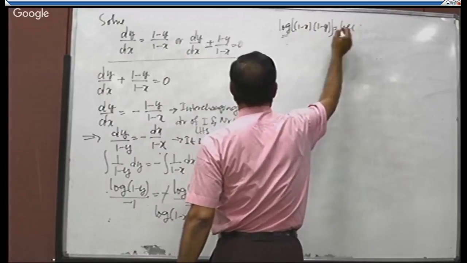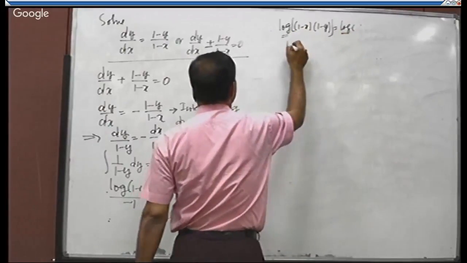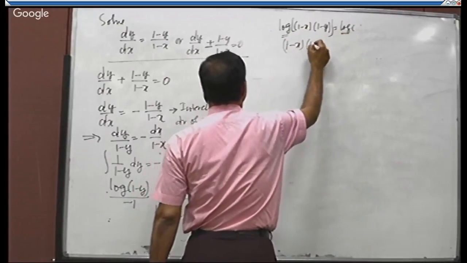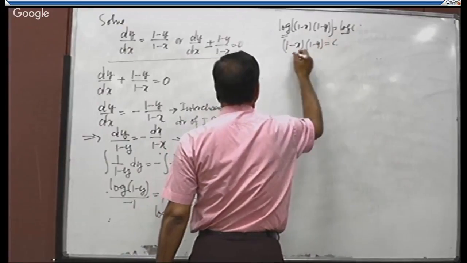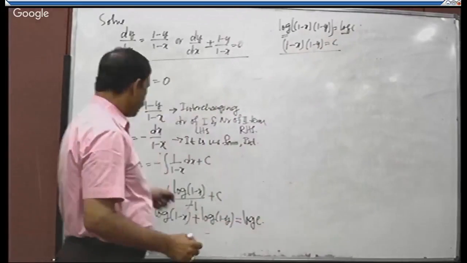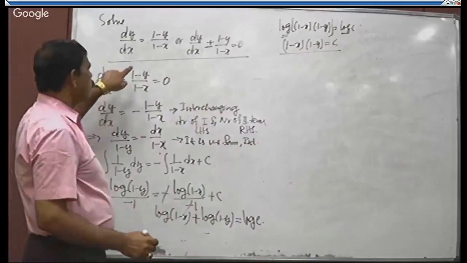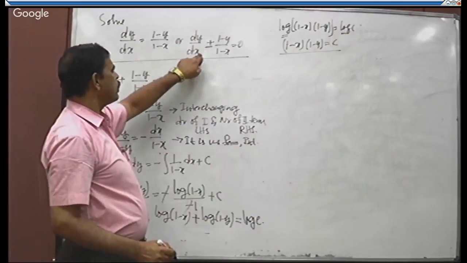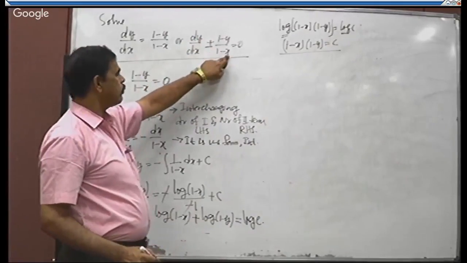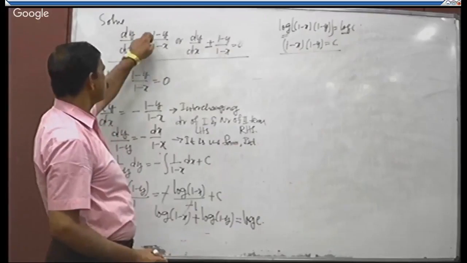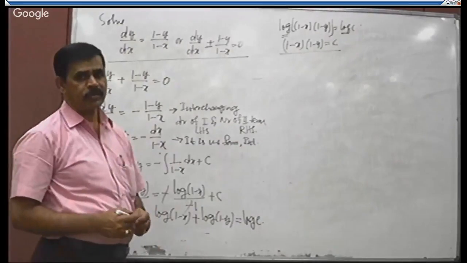By taking anti-log, the logs vanish. Remaining is (1 - x)(1 - y) is equal to c. Right? The same procedure you can follow for these two: dy/dx minus (1 - y)/(1 - x), or dy/dx is equal to (1 - y)/(1 - x).